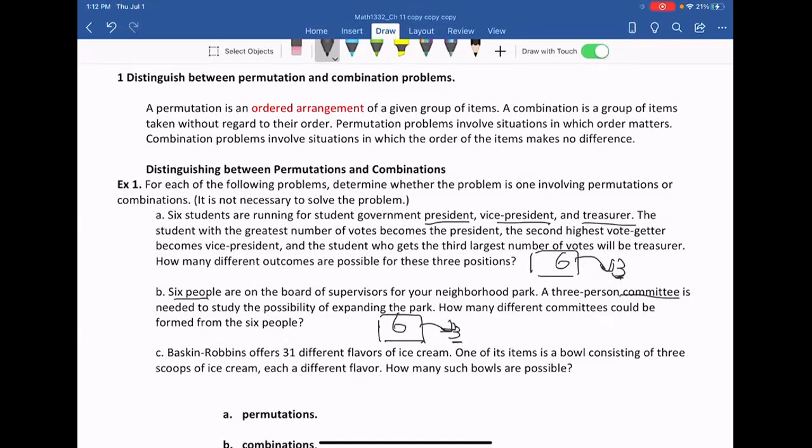So we don't differentiate the position or the order of these 3, because these 3 are all committee members. No need to order them. So this is a combination. First one is permutation. Second one is combination. How about the next one?